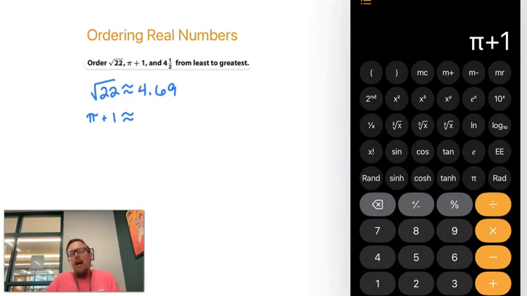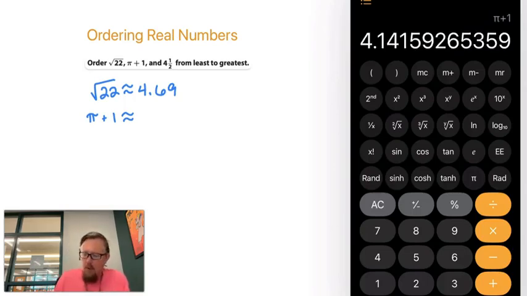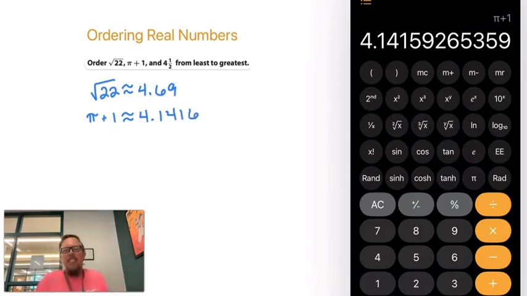But if you don't have a pi button, it's okay to use 3.1415 as an estimate for pi, which is close enough for this problem. So pi plus 1 gives us about 4.1416. We really don't need that many places after the decimal. Two looks like it's going to be fine, but we'll put some extras just in case.